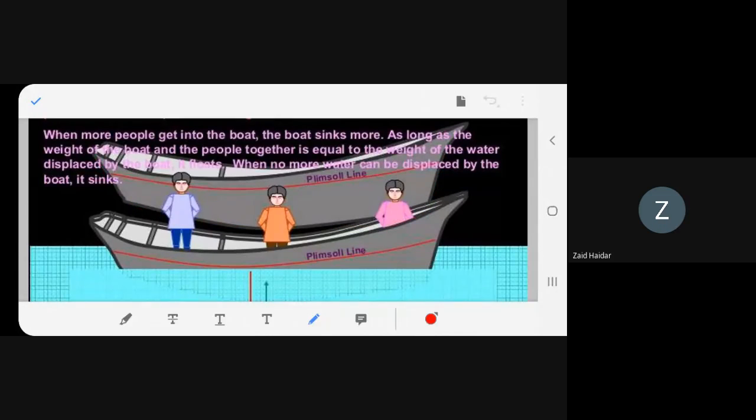We'll measure from the line. This much is out of the water, whereas in the second, only this much is outside the water. Can you see how much has gone inside the water? This is the comparison between the boats with people and without people. Hope you have understood.